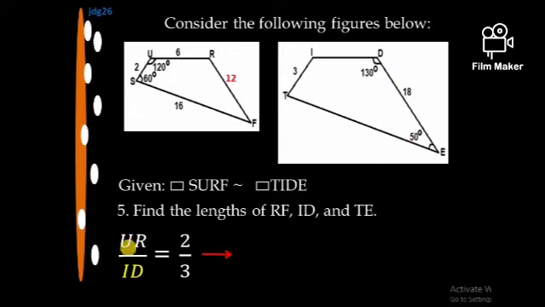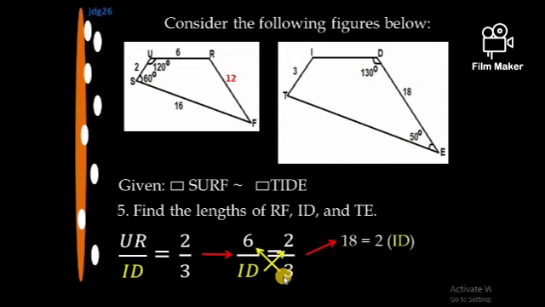Next step, palitan natin ng value ang segment UR, which is 6. Next, let us use cross multiplication. 3 times 6 is 18. And ID times 2, 2 times ID. Now, to get the measure of segment ID, divide both sides by 2. So, we have now segment ID is equals to 9.